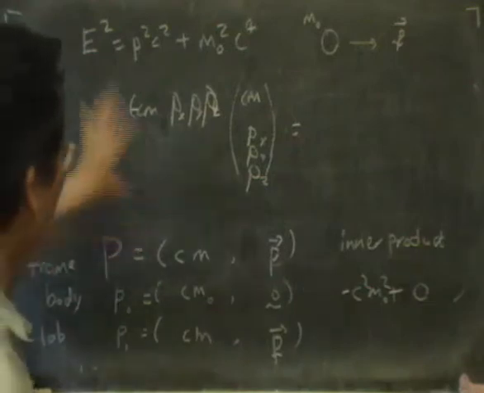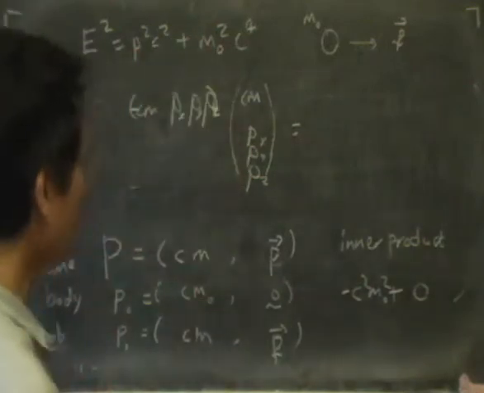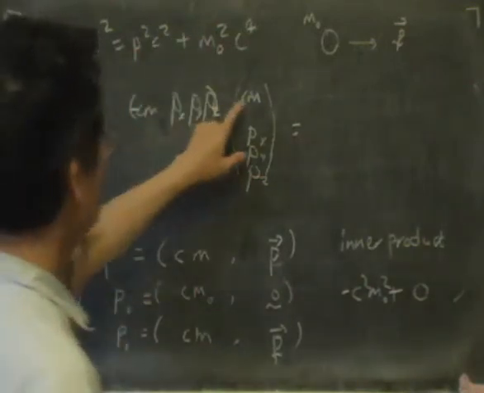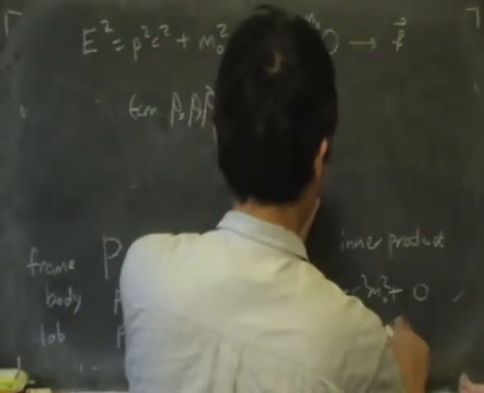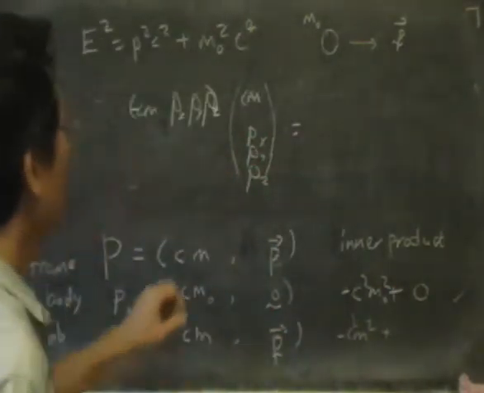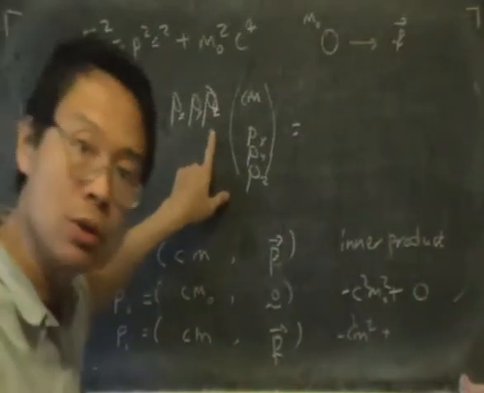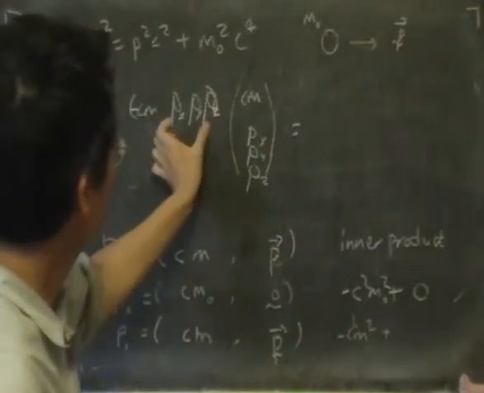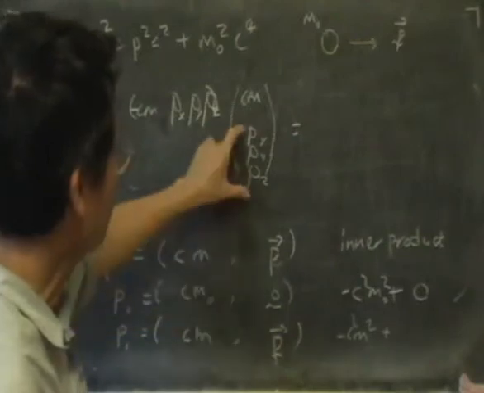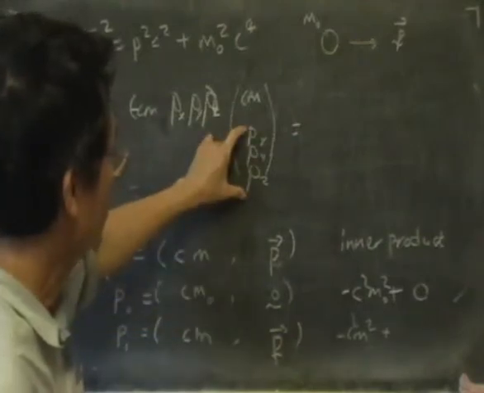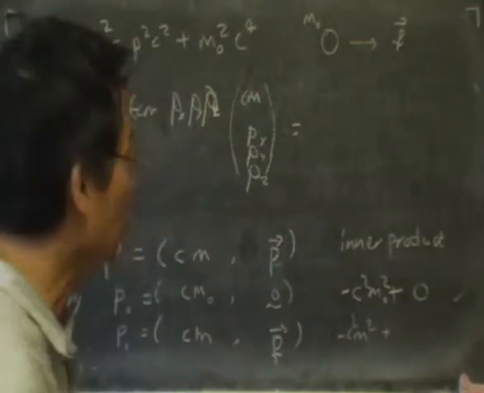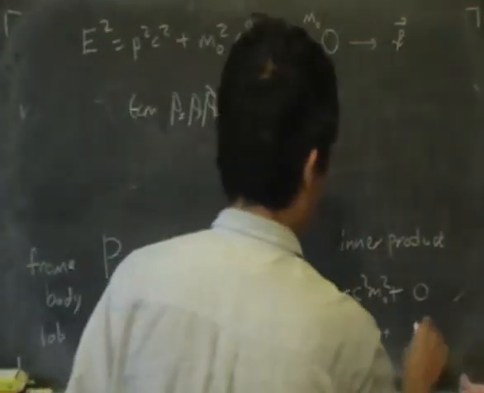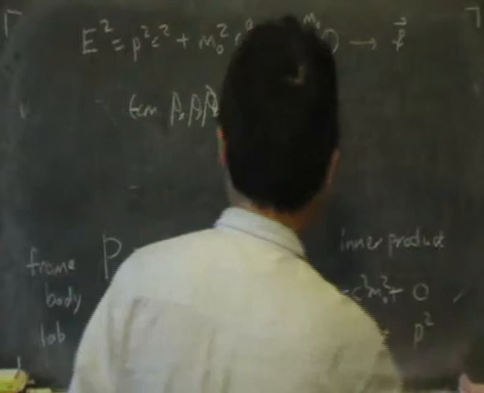Now if we multiply the 2, we get minus C squared M squared, plus the 3 components of the momentum times the 3 components of the momentum here. So we are essentially taking the dot product. So that would be the magnitude of the momentum squared.